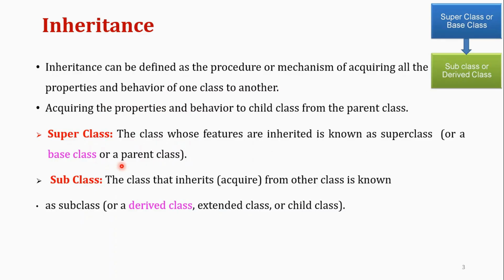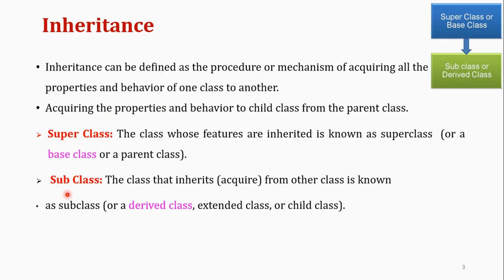So coming to inheritance, it is very simple. Acquiring the properties from one class to other class, or getting the properties, variables and methods, or member data and member function from one class to other class. So the class which is offering is called a superclass.